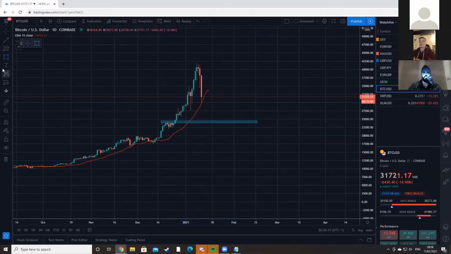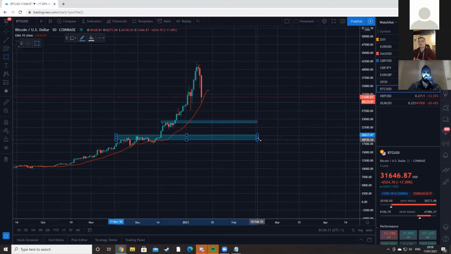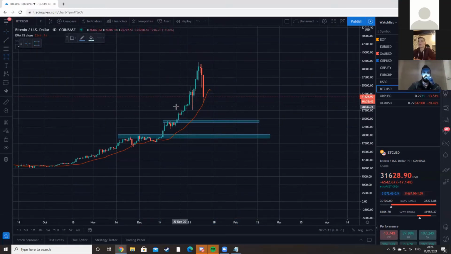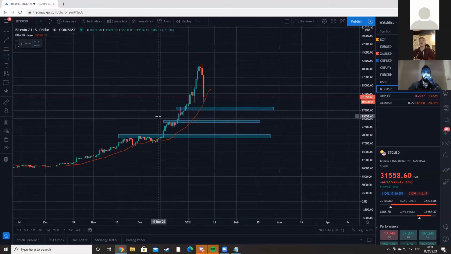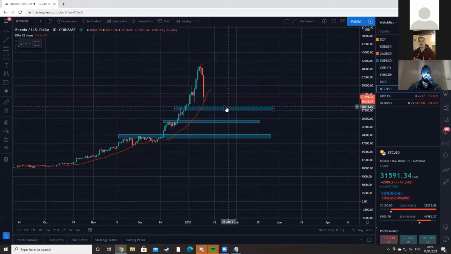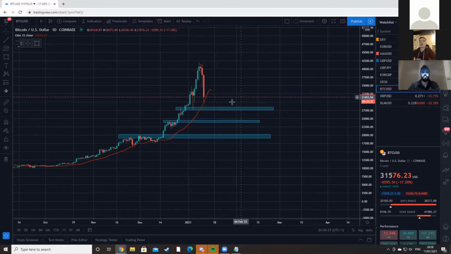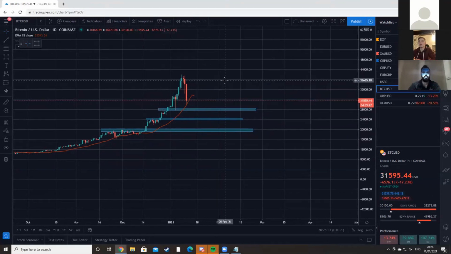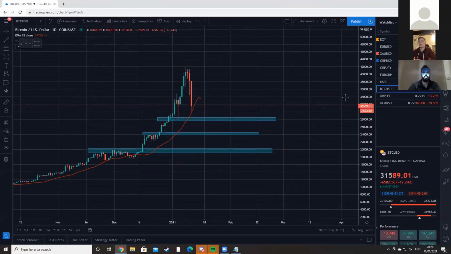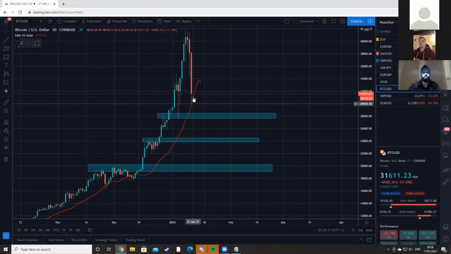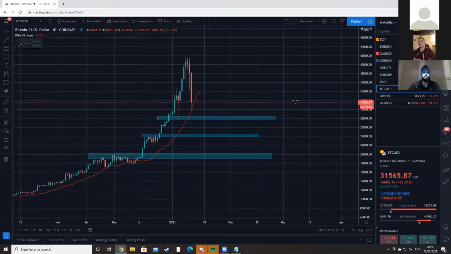So for example, this is a zone for me, this is a nice zone for me, this could be a nice zone. These are possible zones for me to see some kind of rejection, of a pullback, and then from there out we can possibly see another pull to the upside. But for now, my opinion is just wait until we go further back down again.